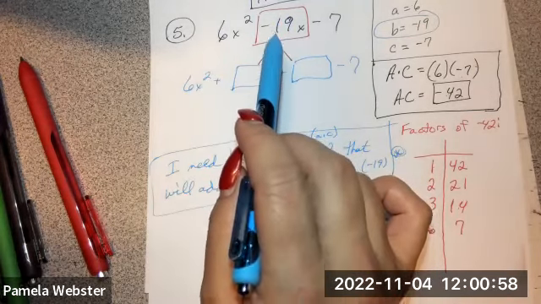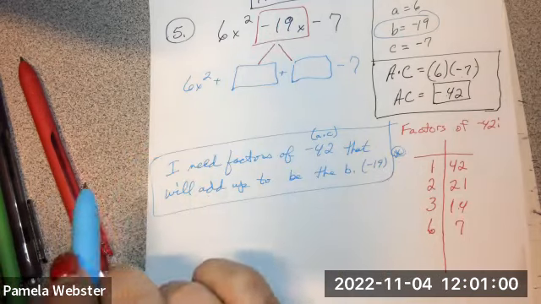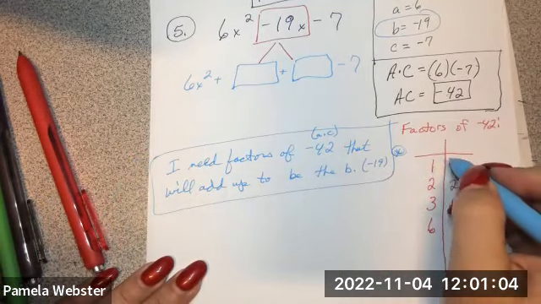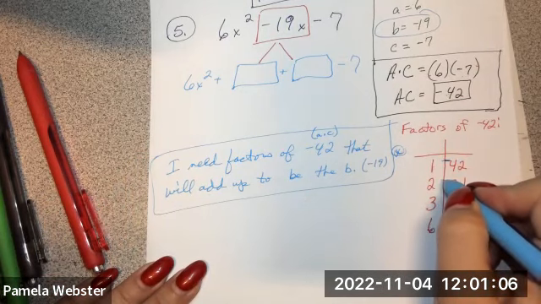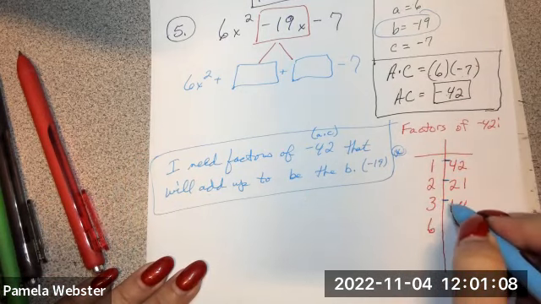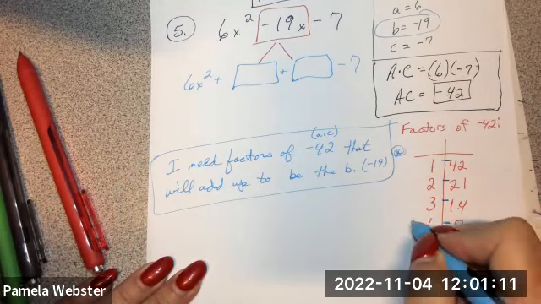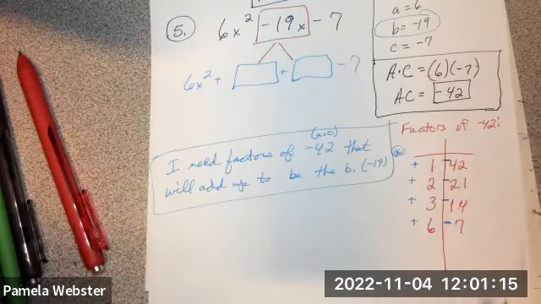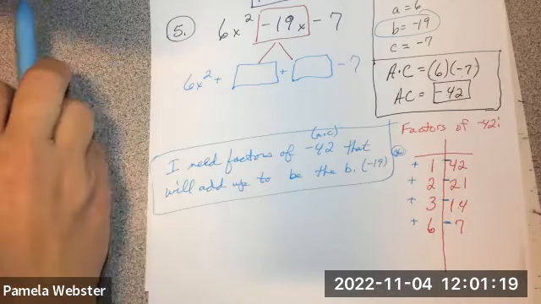So I need the bigger number to be negative because we take the sign of the bigger guy. So these on the right-hand side were my bigger guys. These on the left-hand side are going to be positives, okay? So negatives on the bigger numbers and positives on the smaller numbers.